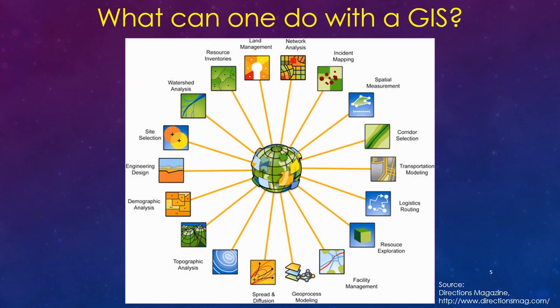So, now that we've gained some exposure to a sample of what can be done with and through a GIS, let's talk about some of the components of a GIS.